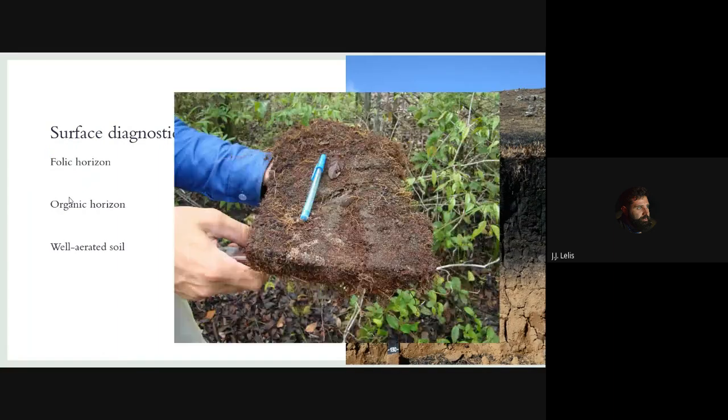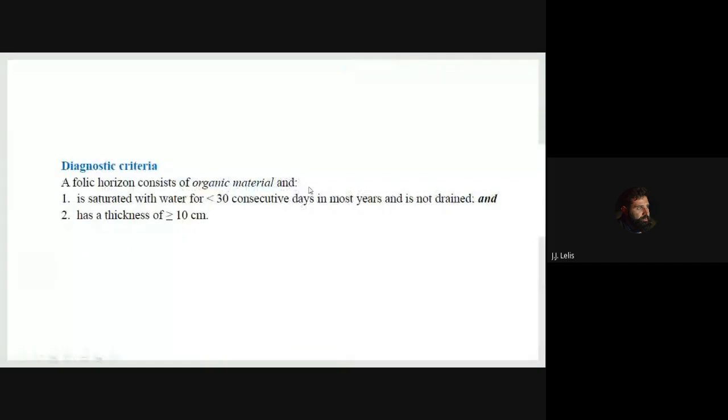So to identify a folic horizon, we should have organic material with organic carbon content equal or higher than 20%, but this horizon is formed only in sites that don't have several days with saturation, with soil saturated, or with influence of water table or tidal water or something like that.